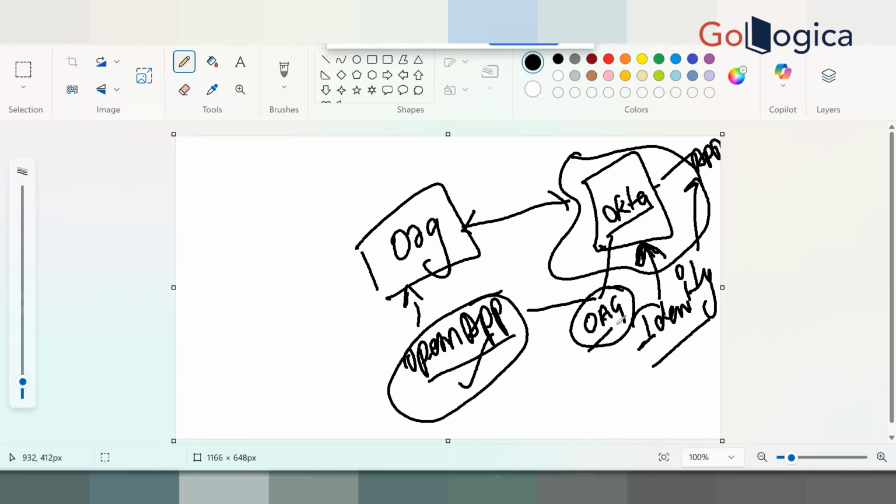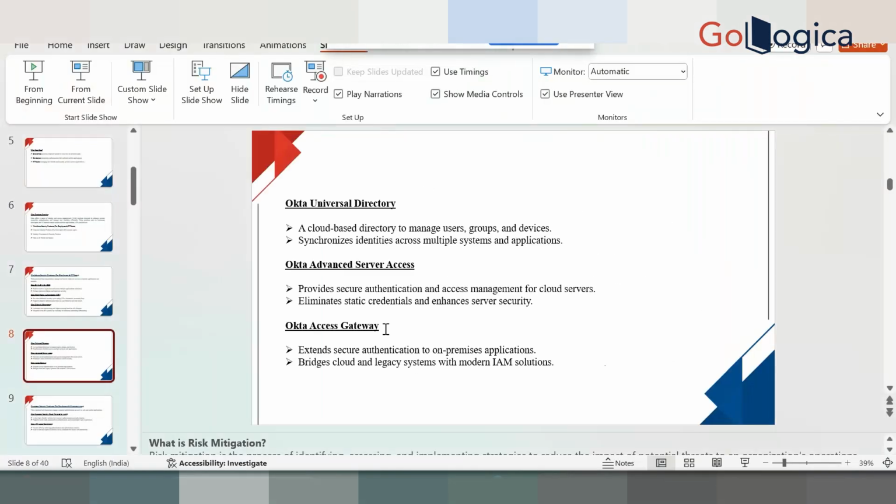That's why the term OAG exists. Okta Access Gateway extends secure authentication to on-prem applications. It is the bridge between the cloud and legacy systems within a modern IAM solution.